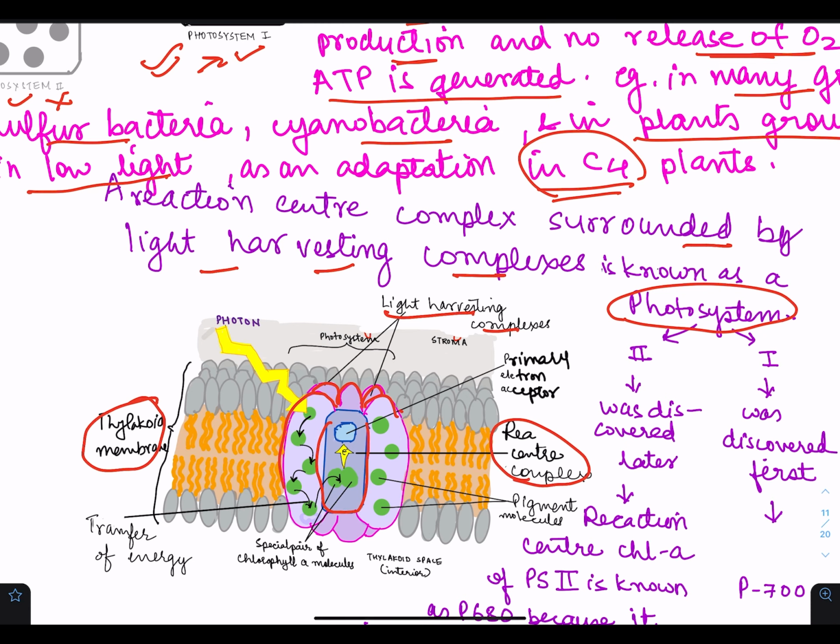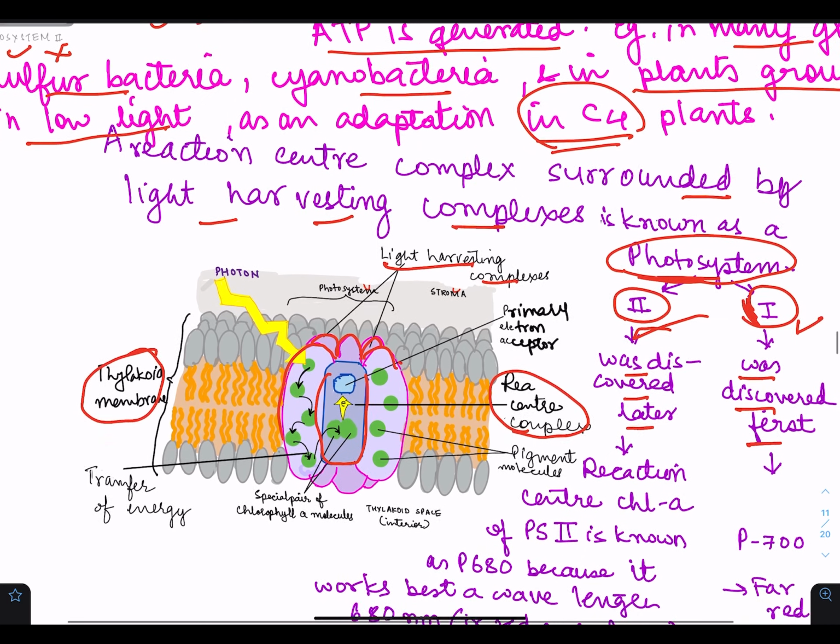This whole thing is known as a photosystem. Now there are two types, photosystem 2 and photosystem 1. Photosystem 2 was discovered later and photosystem 1 was discovered first, hence they are named so. But when we study those reactions, photosystem 2 comes into action first and photosystem 1 later.